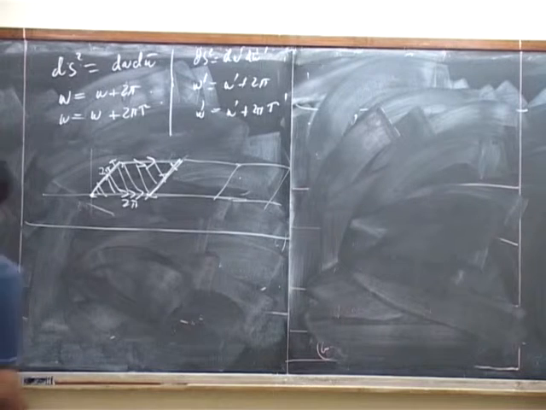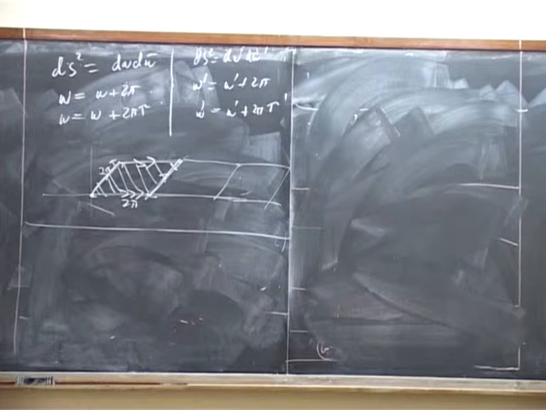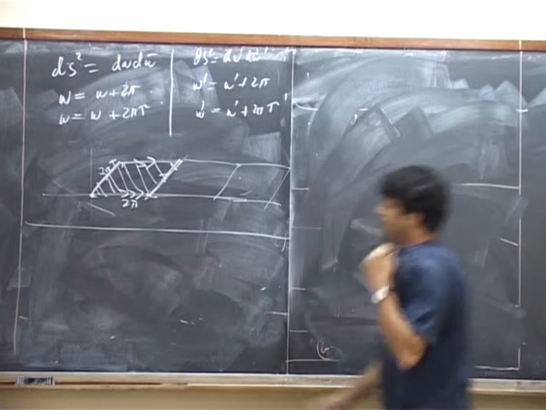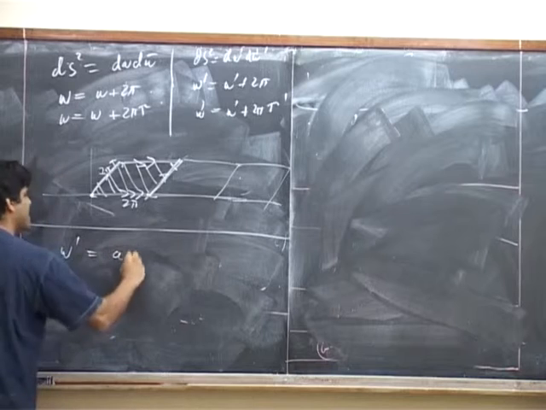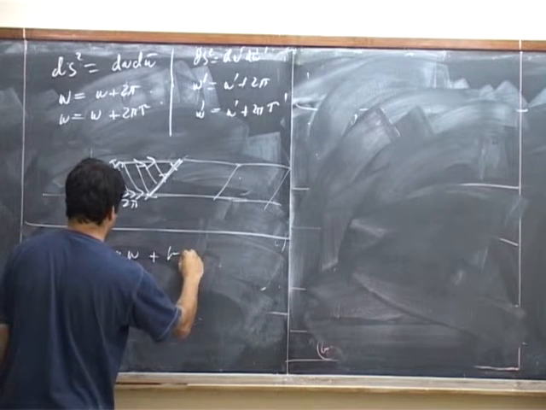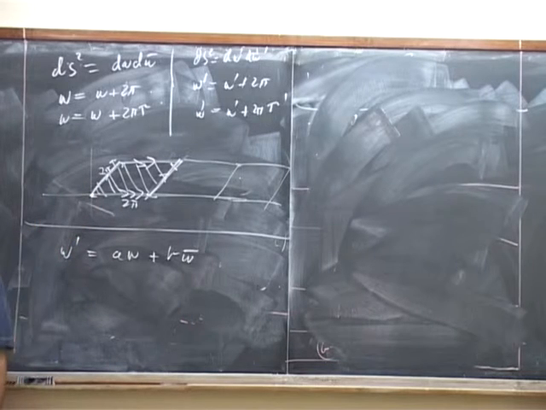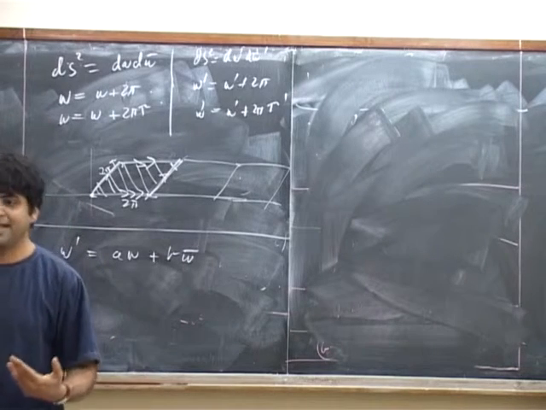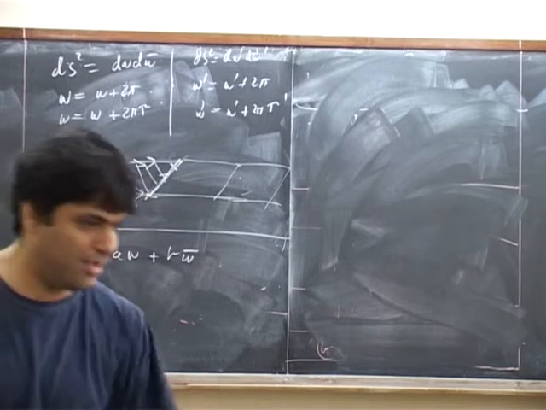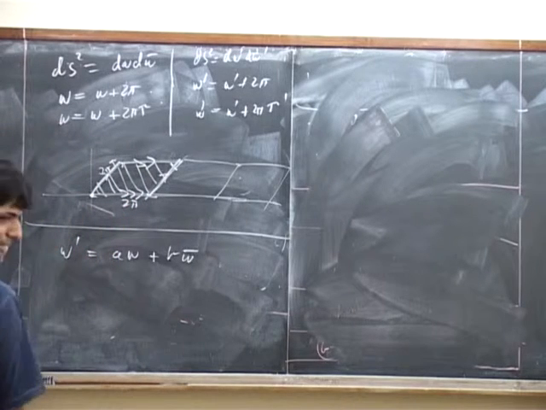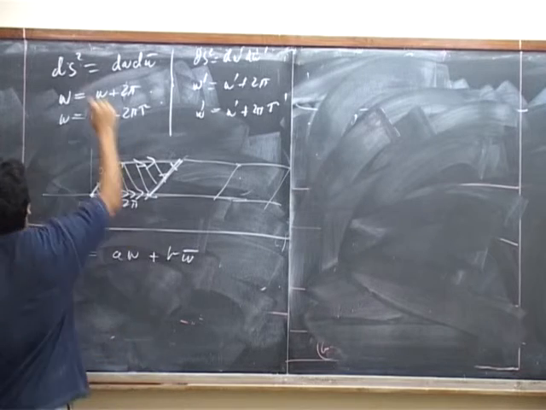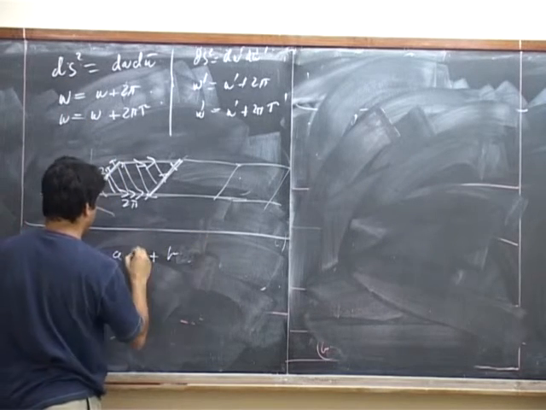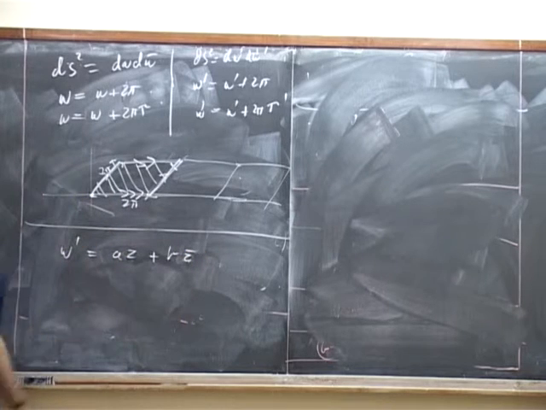Is this clear? So what am I going to do? I'm going to define w prime equals a z plus b z bar. I'm going to choose a and b such that the identifications of z and w prime coincide. Maybe I should start with yet another variable, z and z bar, just not to confuse these two.